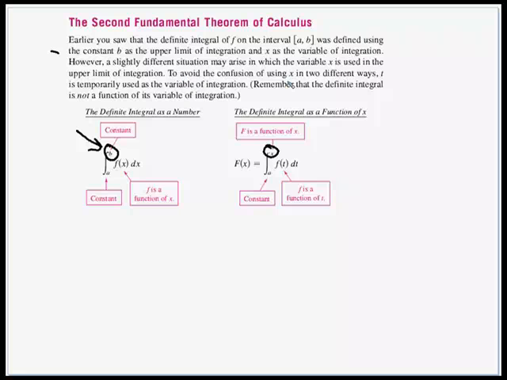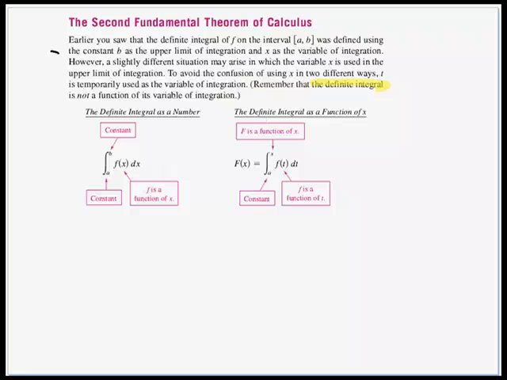To avoid confusion in using x in two different ways, t is going to be temporarily used as our variable of integration. And here's a key idea. Remember that the definite integral is not a function of its variable of integration. The integral is not determined by this variable down here, f of t. It's more determined by our upper limit, and here it is a variable.